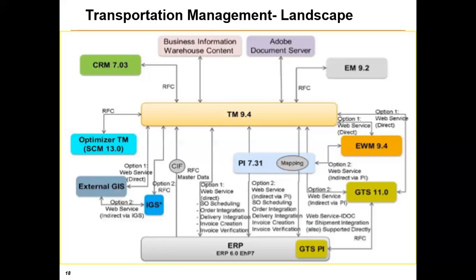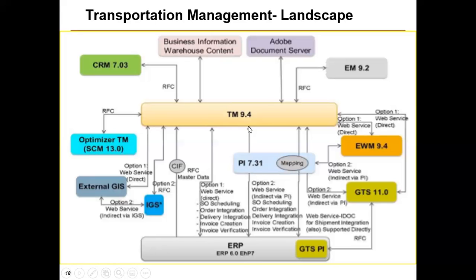Second in option 2, we can see this through the PI system, that is the process integration system. It involves the connectivity between TM 9.4 and ERP 6.07 via this component PI 7.31.